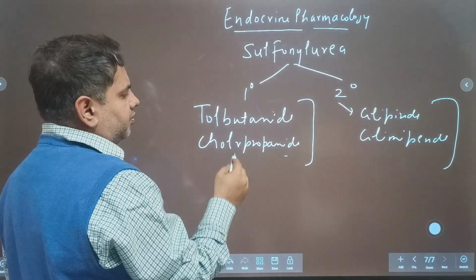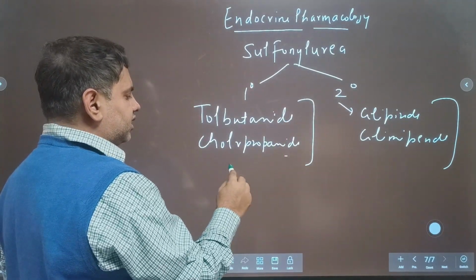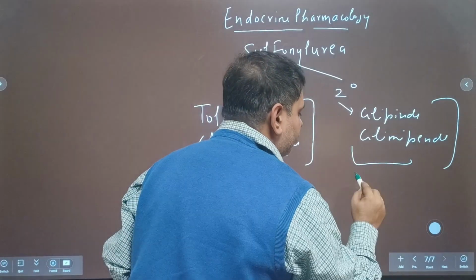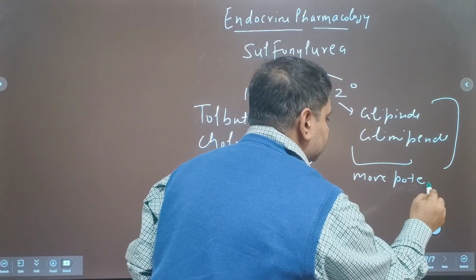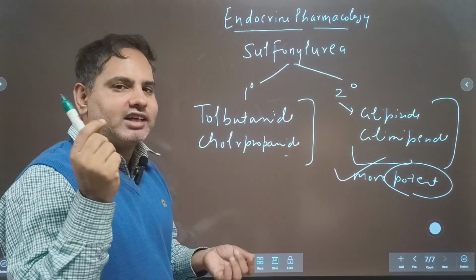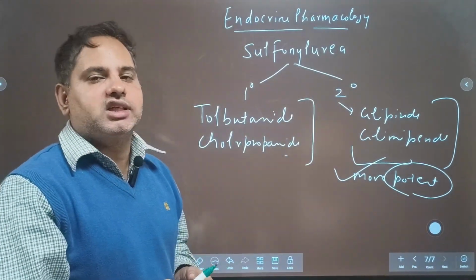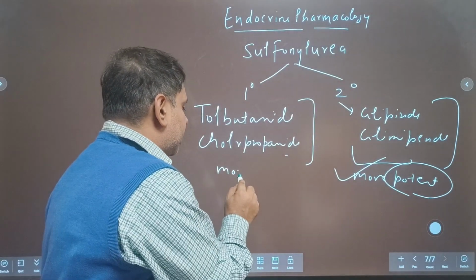So what is the difference between first generation and second generation sulfonylureas? Second generation drugs are more potent as compared to first generation. More potent means less dose is required to achieve the therapeutic effect. With first generation, you need more dose, right?